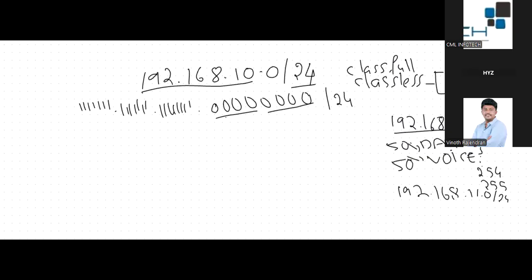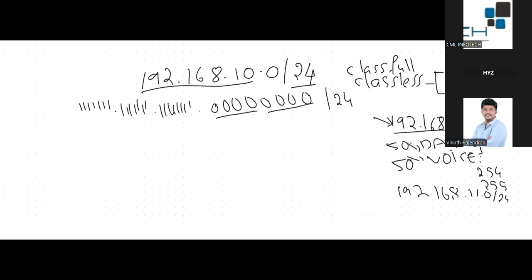So altogether I have only 100 points. But keeping them in separation with the default, my unused IPs are more than 100 or 150. So adding additional bits, or borrowing bits from the host portion to the network portion, as I said, is called subnetting, and we do subnetting to get multiple networks within the major network.